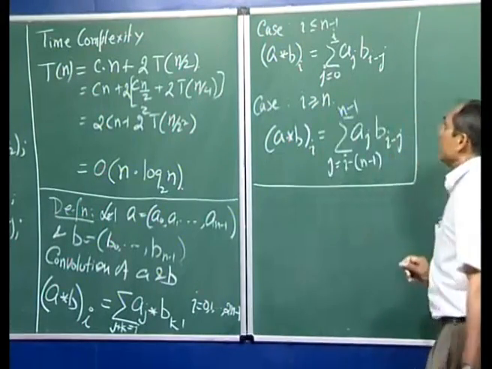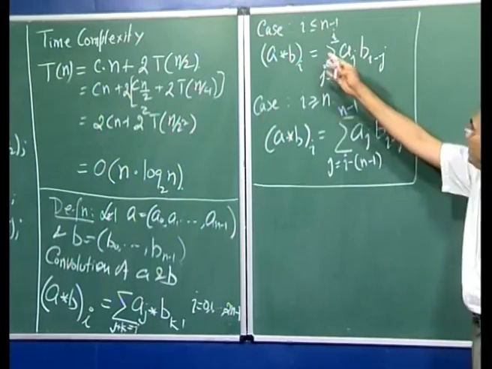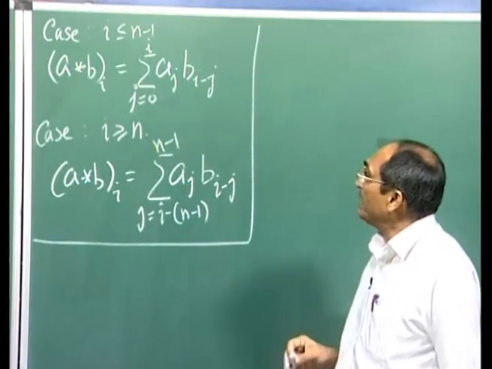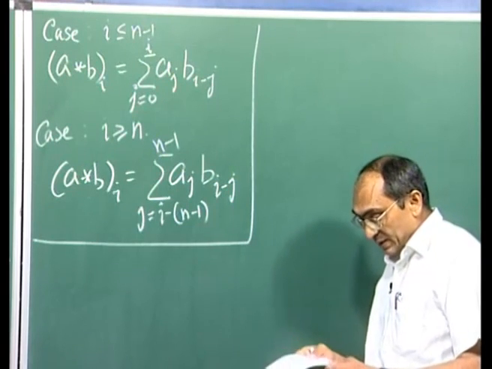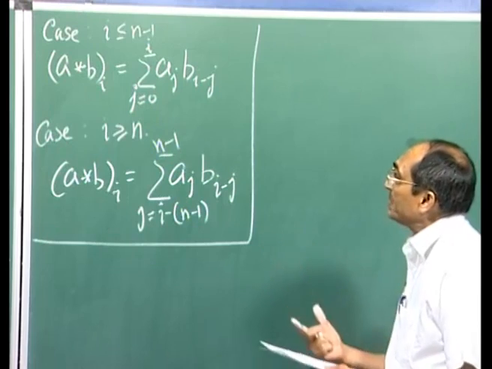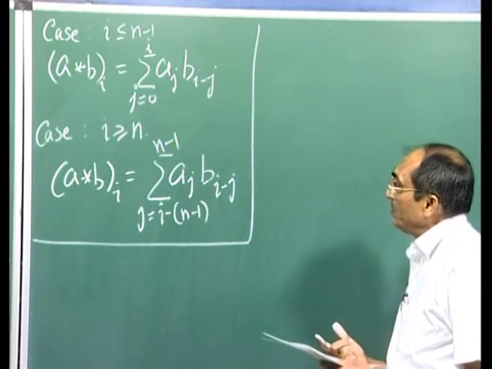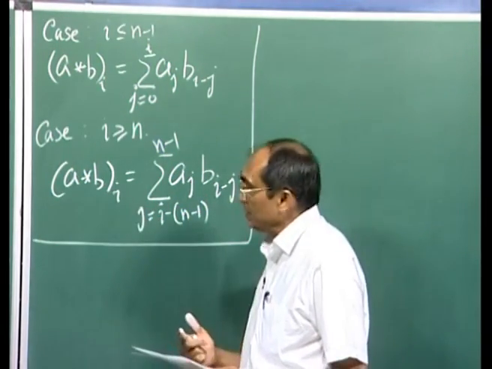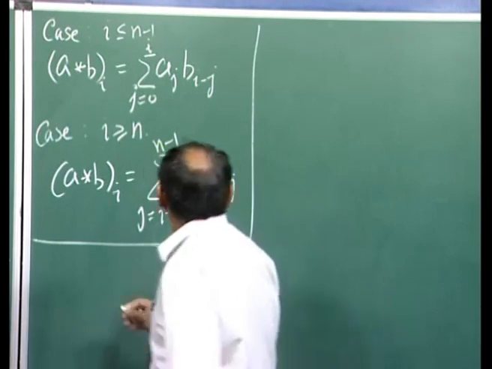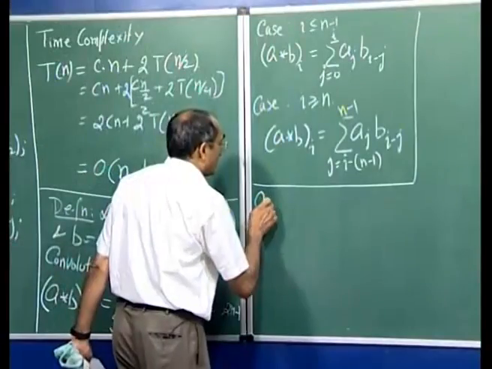Now, for convenience, usually splitting into two cases is a hard thing to deal with. So, we are going to show that this can be reduced into a single expression if we extend our vectors in the following fashion. What I am going to do is define new vectors as follows.